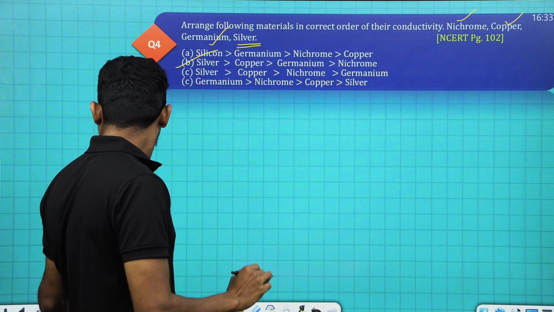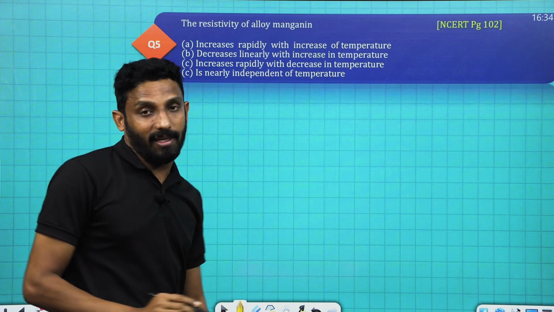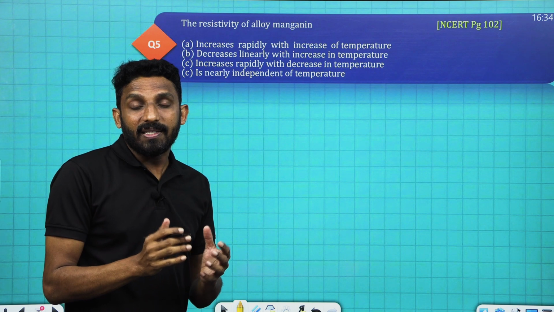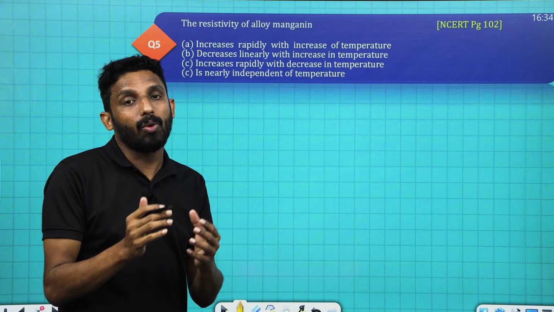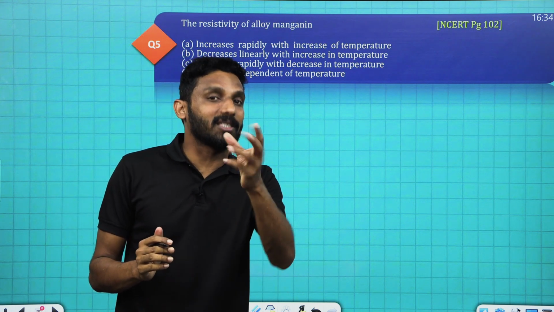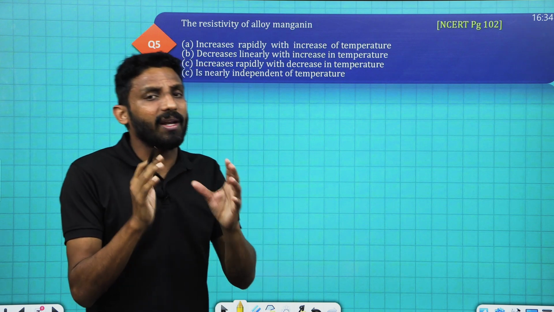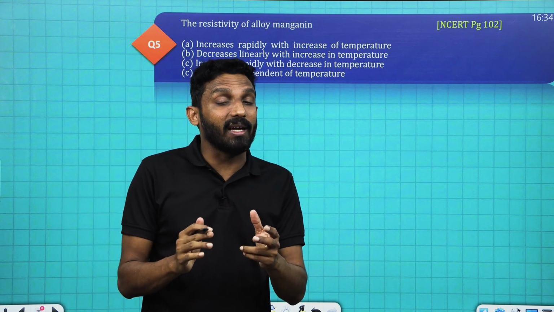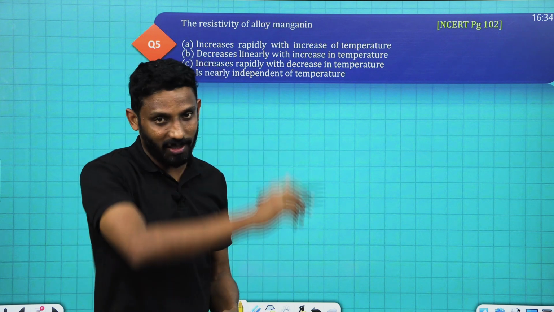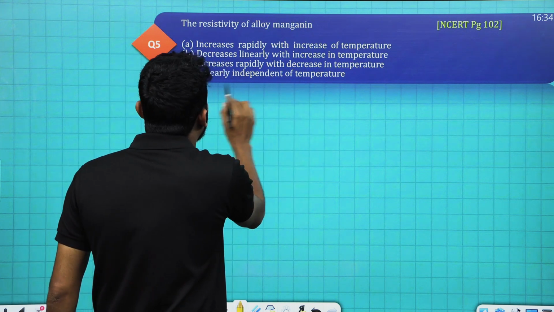The next one, number 5. The resistivity of alloy manganese. Manganese is a material we select to construct the resistance wires, because manganese has least dependence on temperature. The resistivity of manganese is almost constant with the temperature, so it is nearly independent of temperature.